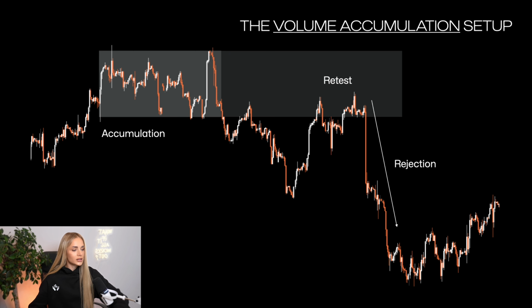The clue is in what comes after the range. After they accumulate enough volume, meaning entering fully their positions, institutions and big market participants initiate strong, aggressive buying or selling activity to move the price in their desired direction.